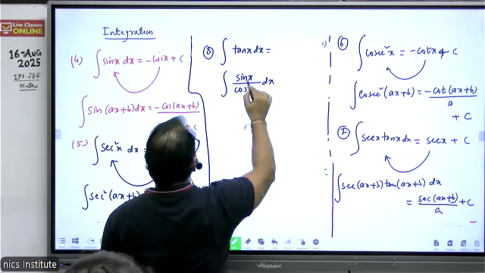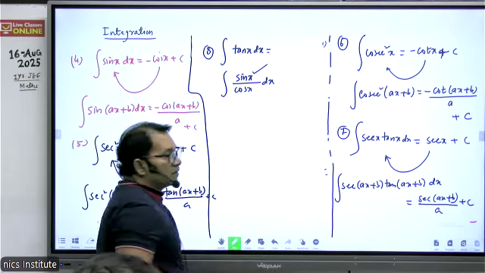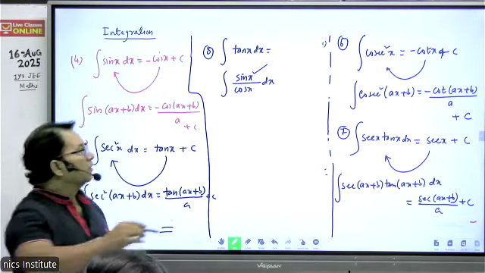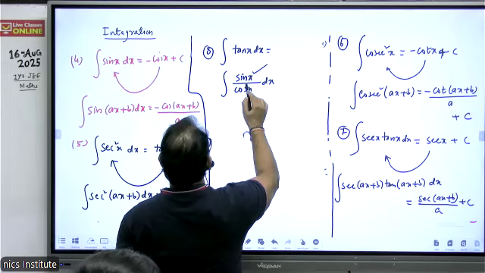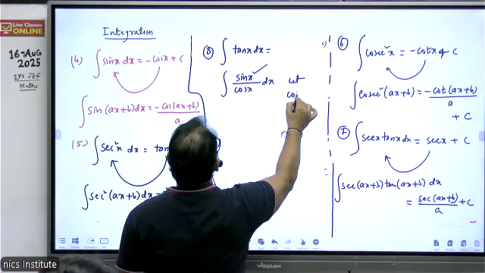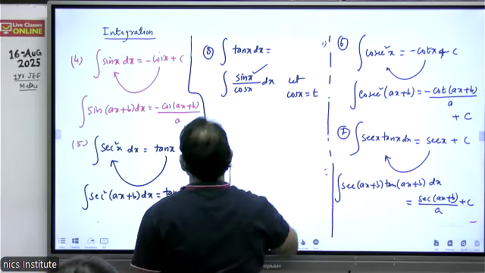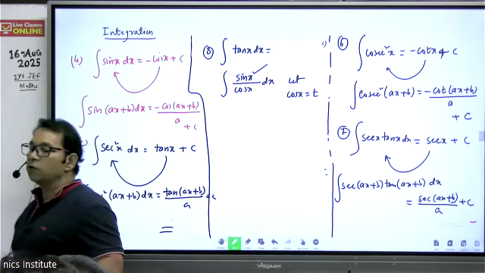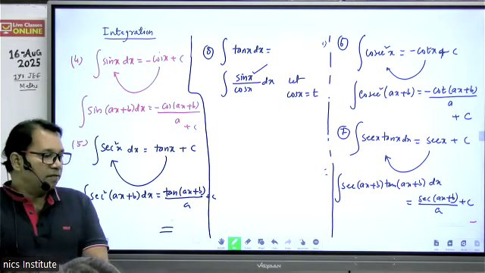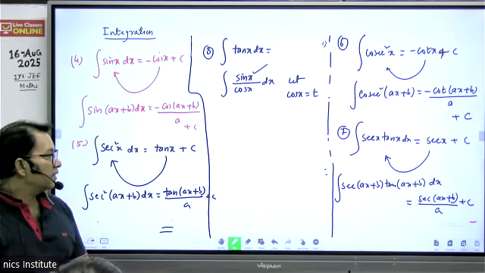Ask yourself, sin x is derivative of cos. So since derivative of cos is present in the numerator, let cos x is equal to t. This is called method of substitution. Sin x is derivative of cos, so I've written cos x is equal to t.